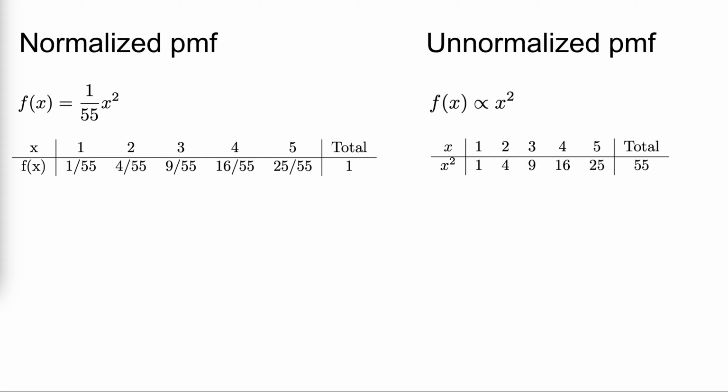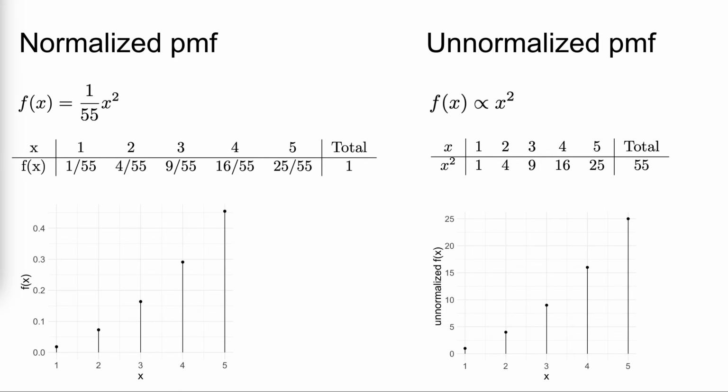However, notice that the table of the unnormalized PMF appears similar to that of the normalized PMF, just on a different scale. This is perhaps easier to observe when plotting the PMFs. The only difference between the two plots here is their y-axes. They're on different scales but preserve the same proportionality.